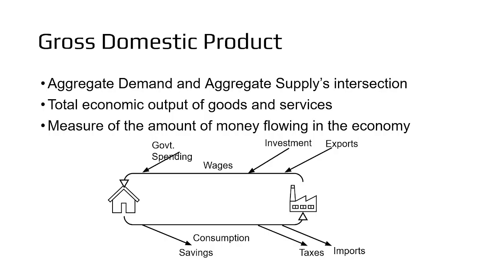And lastly, we have imports. As mentioned, imports are a factor in determining aggregate demand, but they are also important with regards to the cycle of money, because imports are goods and services from a foreign economy that have been purchased by people within the domestic economy. What that means is that the money from the domestic economy is being sent out to another country's economy, and other countries' businesses.